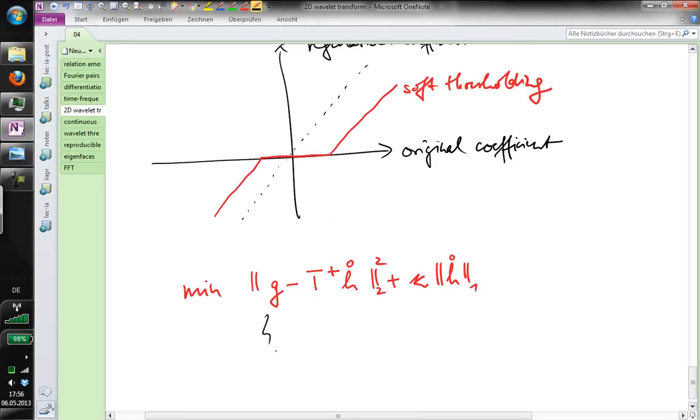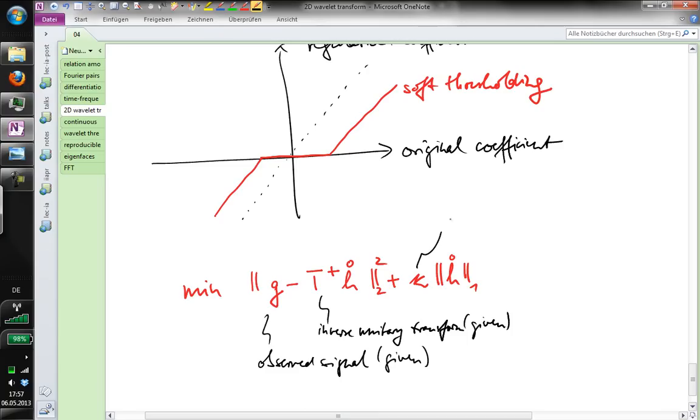So G is the observed signal. That's simple. T dagger is my inverse unitary transform, such as a wavelet transform, which is also given. Kappa is a regularization constant, which is also given. And it is this transform H circle which is wanted.